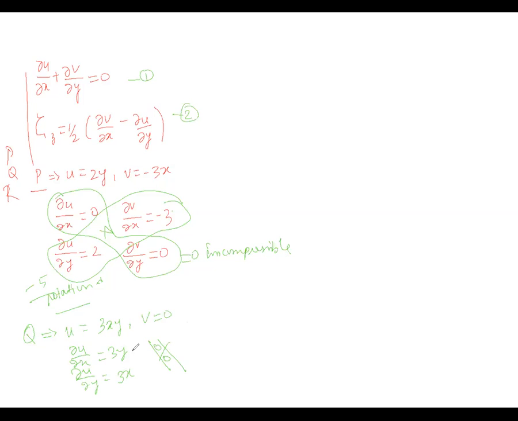So dou u by dou x plus dou v by dou y has a nonzero value, so this is not incompressible. The rotational condition also has some value.